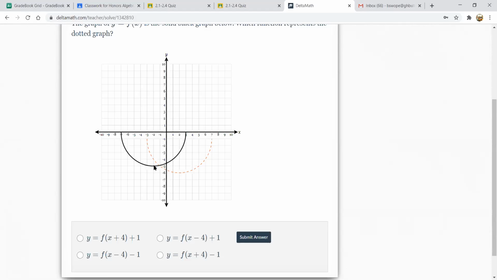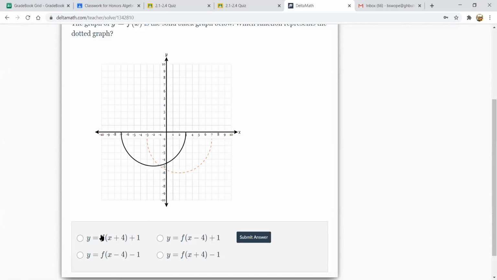For example, I have this point, it looks like at -2, -5. I can figure out how it moved to the same point on this graph. This point at -2, -5 looks like it moved to +2, -6. In other words, it went right 1, 2, 3, 4, and it went down 1.